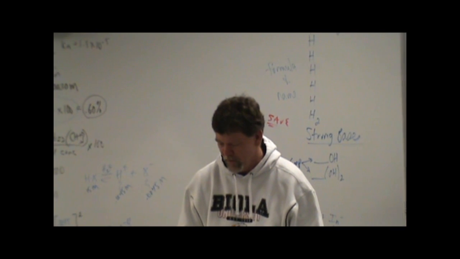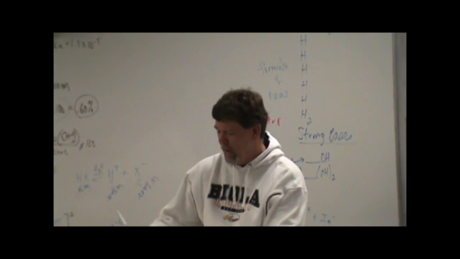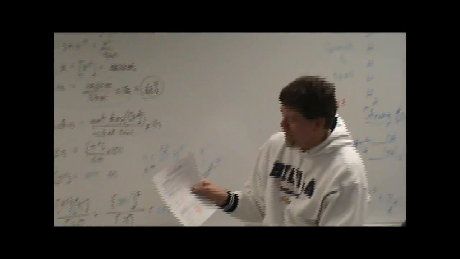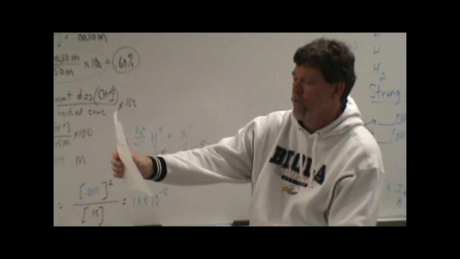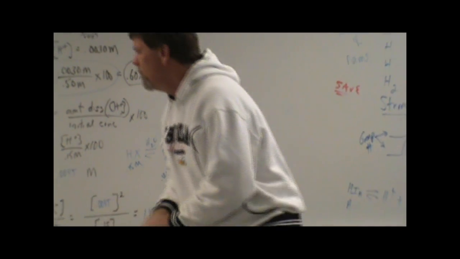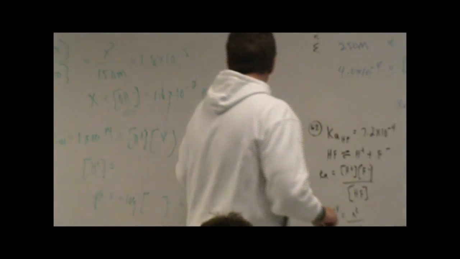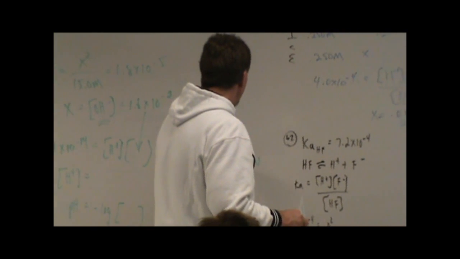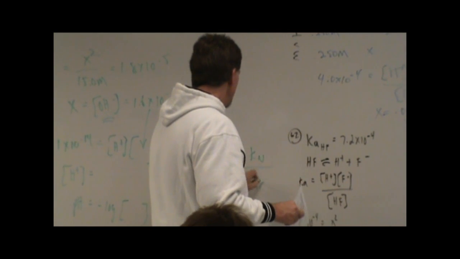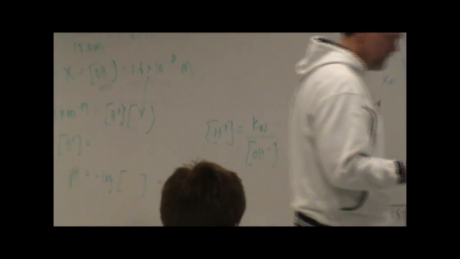My boo-boo on that one, I apologize. So at the bottom down here, it should say concentration of H plus is equal to Kw over concentration of OH minus. I got a little overzealous.